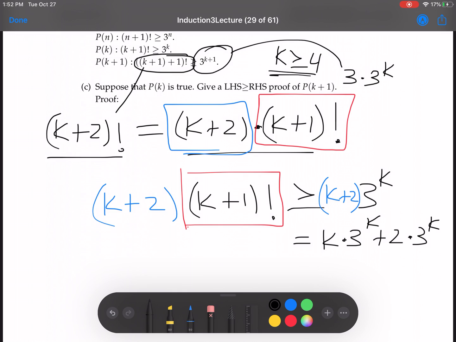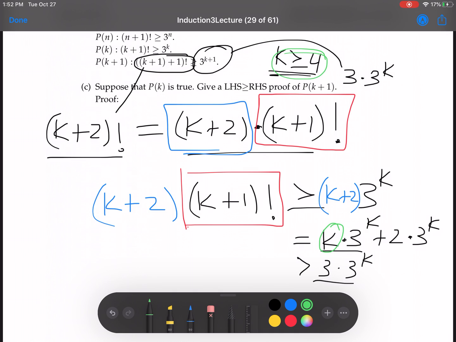Right, so this is definitely bigger than 3 times 3 to the k. And notice this, because k is greater than or equal to 4, that means this number here is greater than or equal to 4.